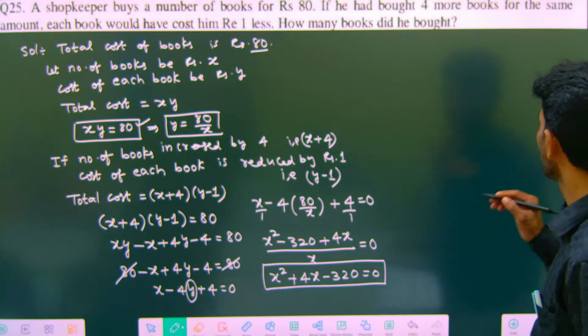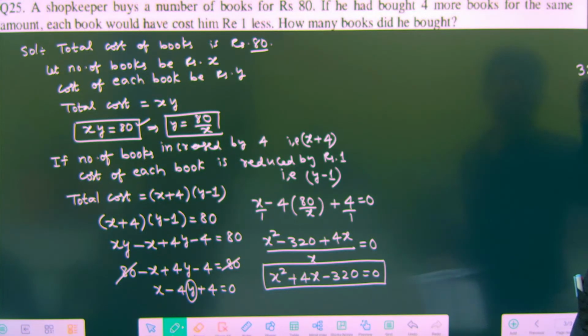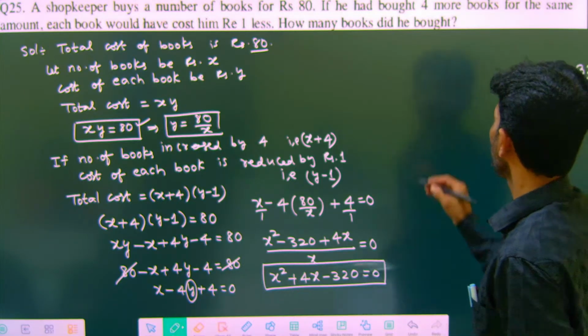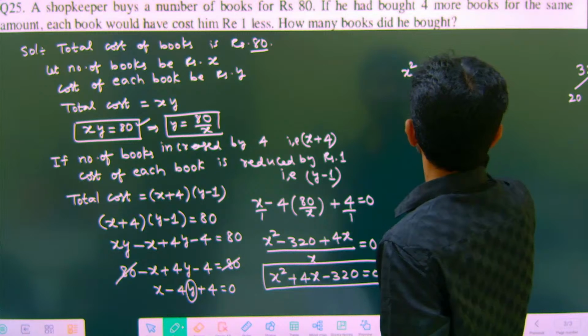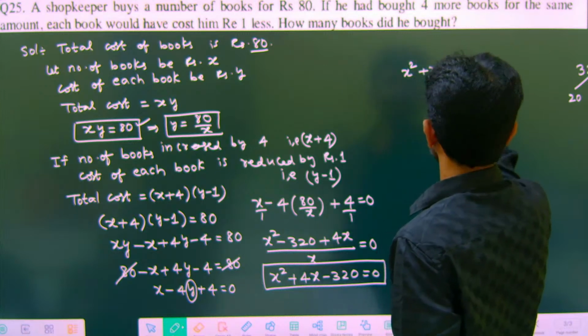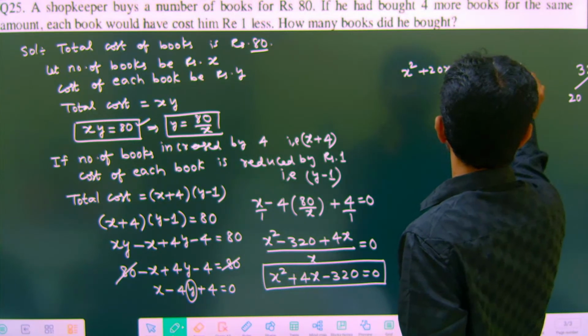Now, factors of 320: 20 into 16 is 320, so 20 minus 16, with 20 into 16 giving 320. So we can write it as x square plus 20x minus 16x minus 320 is equal to 0.